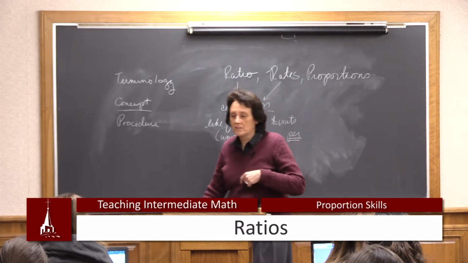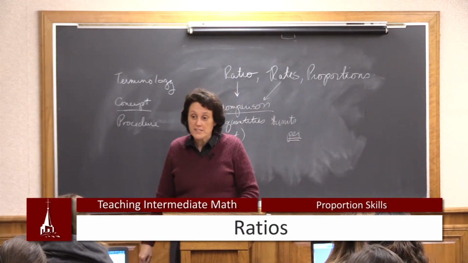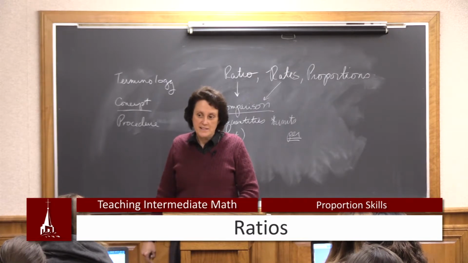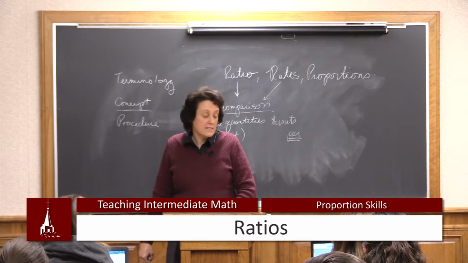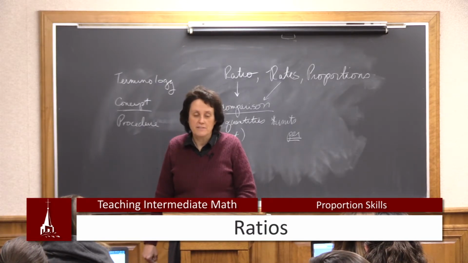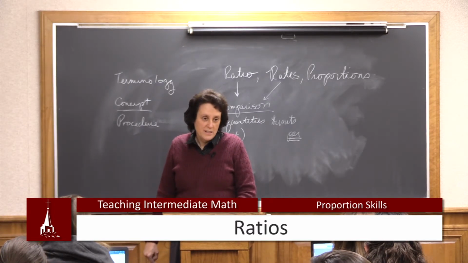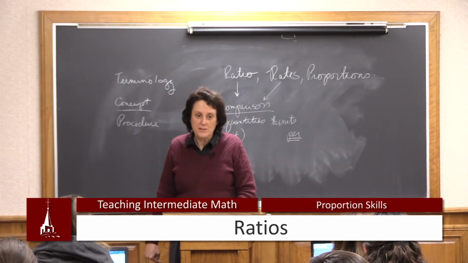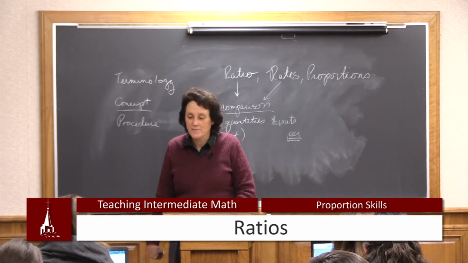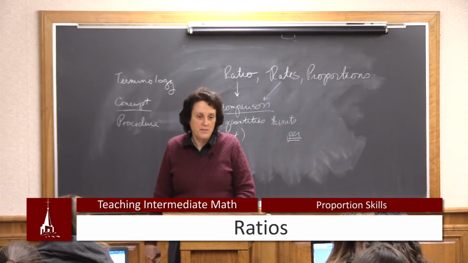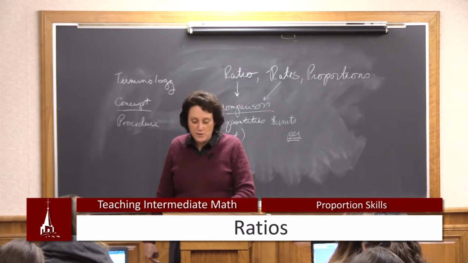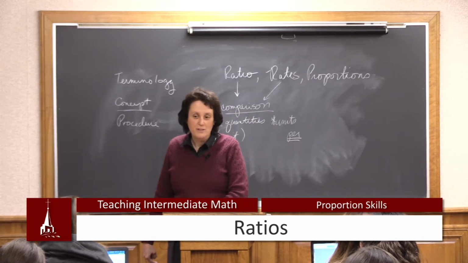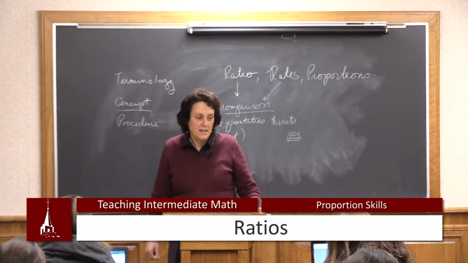Miles per hour, feet per second, if you're doing a science computation in physical science or physics. If you are learning how to type for keyboarding, you're worried about words per minute, other things like that. Once you also have to start buying your own groceries, you're going to be worried about price per pound, cost per pound, and things like that.